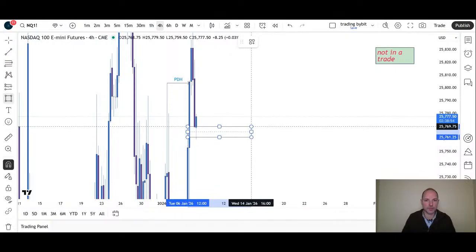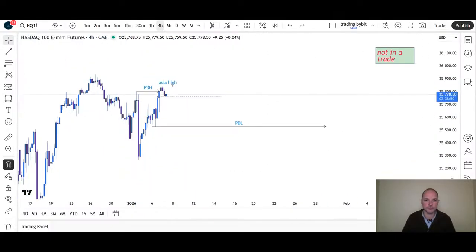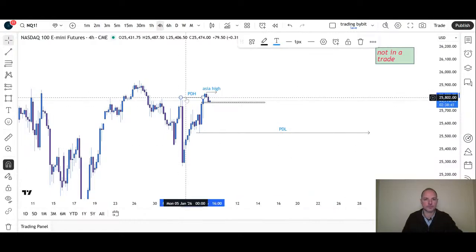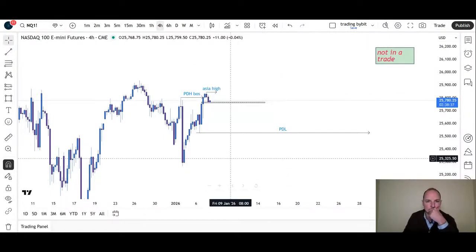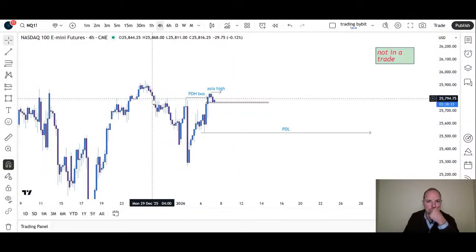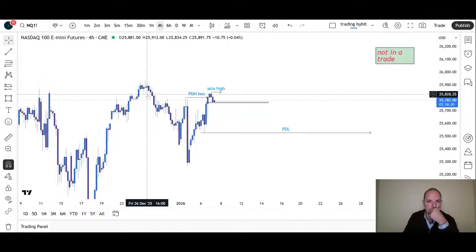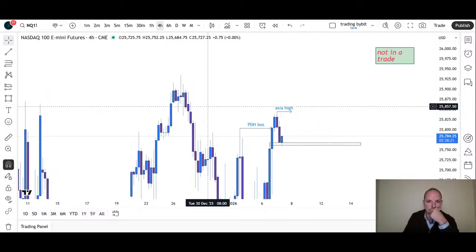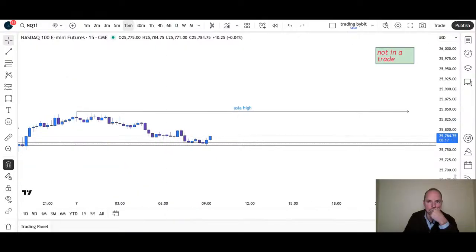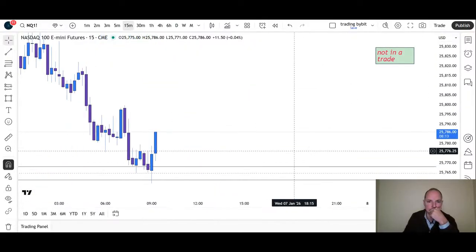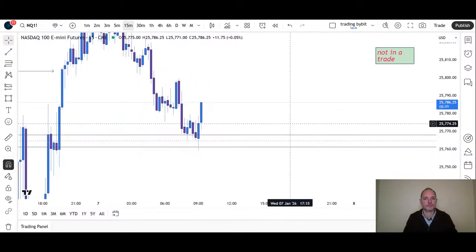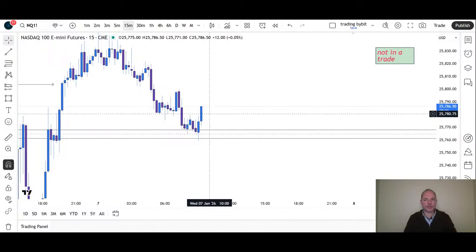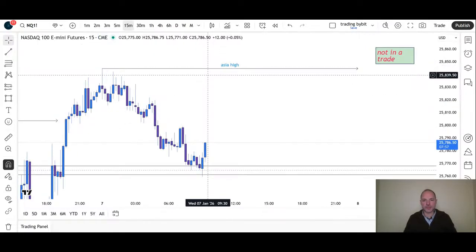So we came on a 4 hour FVG right now. If we start to move up right here, and we get some form of entry model, we'll probably go to Asia high from here.